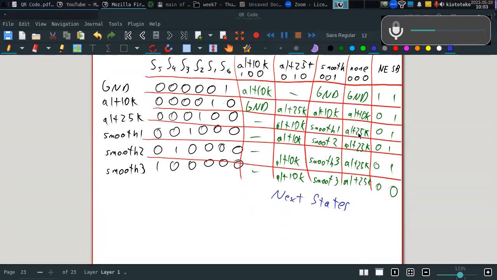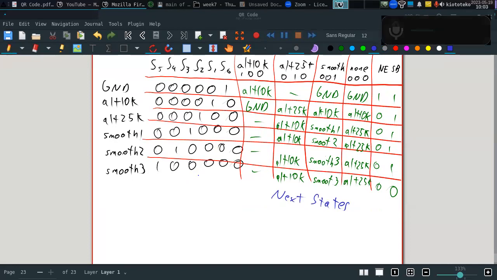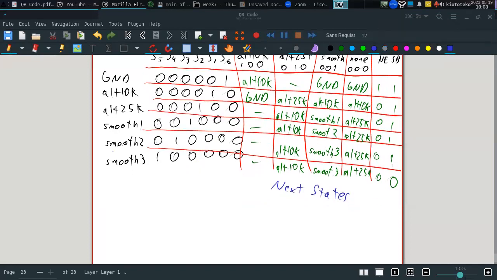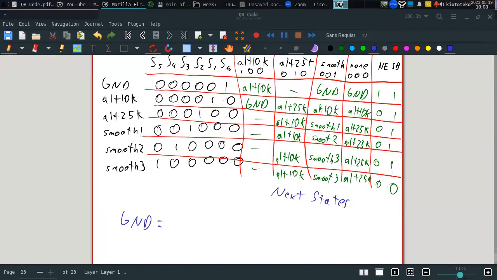Now we can just think of, for example, for next state, for ground, for example, how ground is characterized. Well, we can see the ones that have ground here.